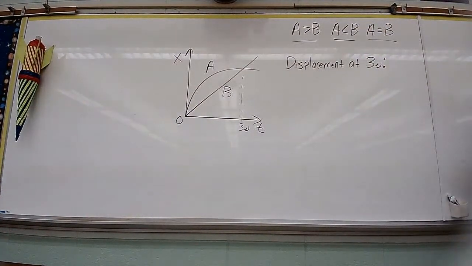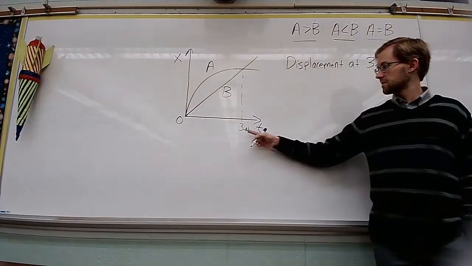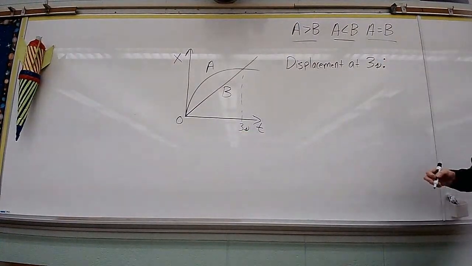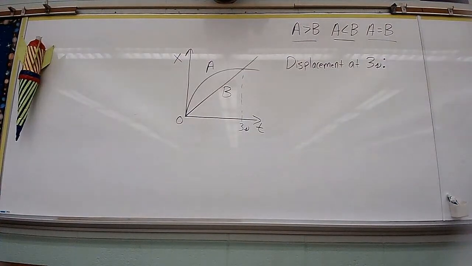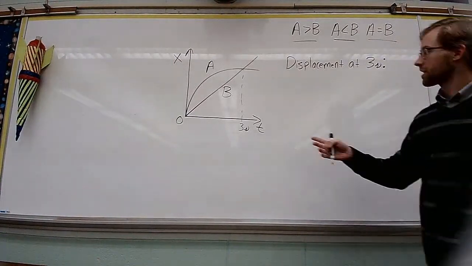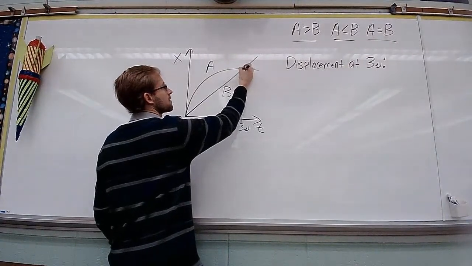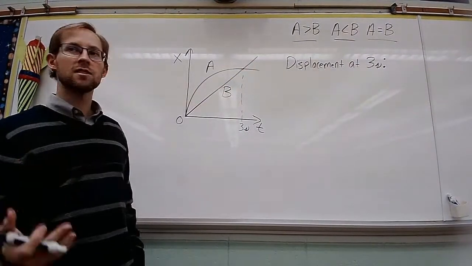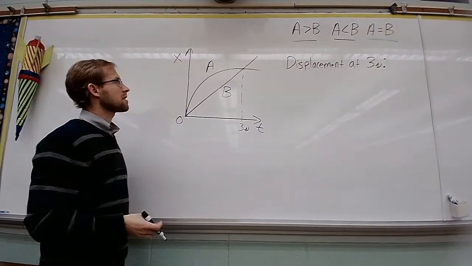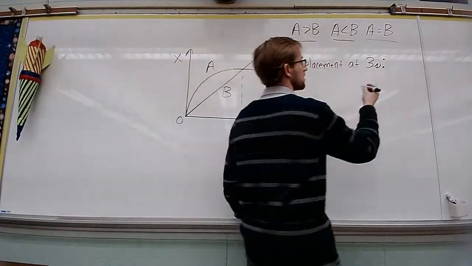So what do you think about that one? At 3 seconds, is A greater than B, A less than B, or A equal to B? Equal, exactly. Because at 3 seconds, they are both in the same spot. They're both in the same position. So that means A will be equal to B for this one.